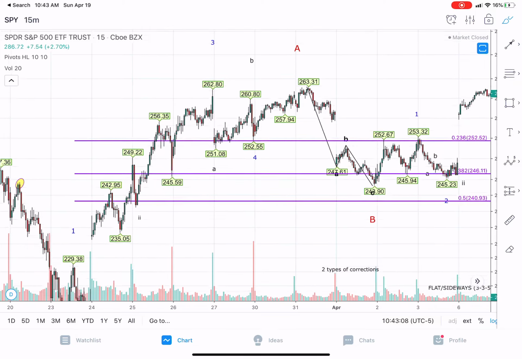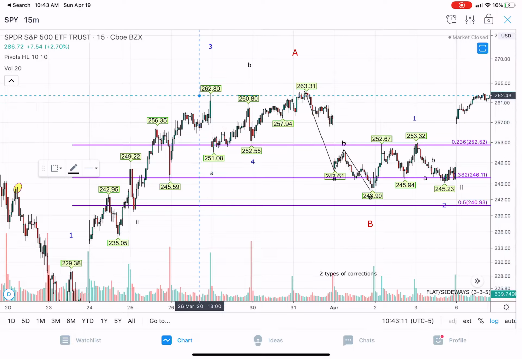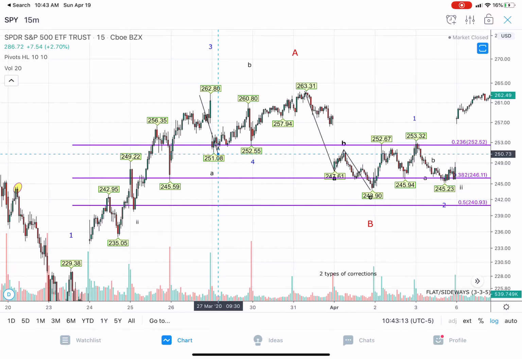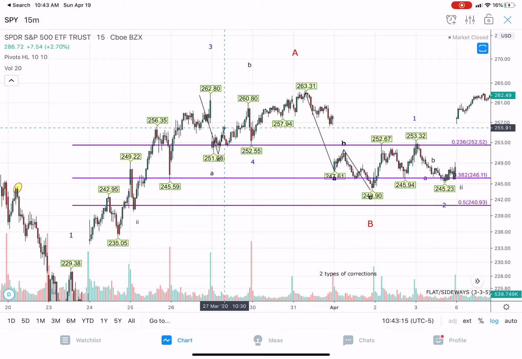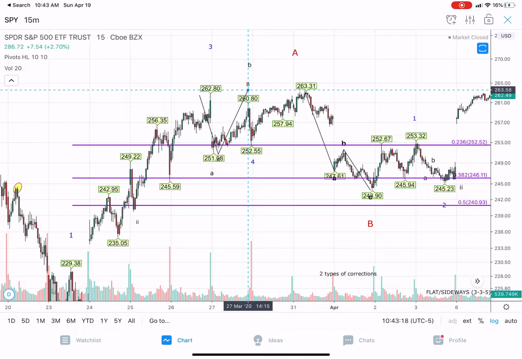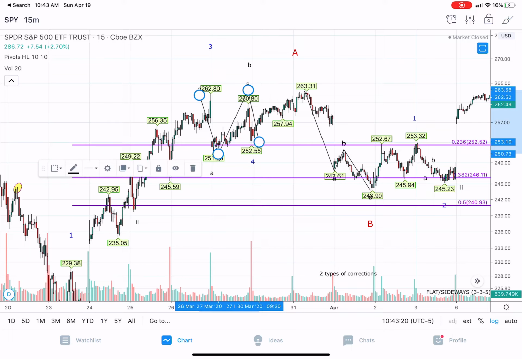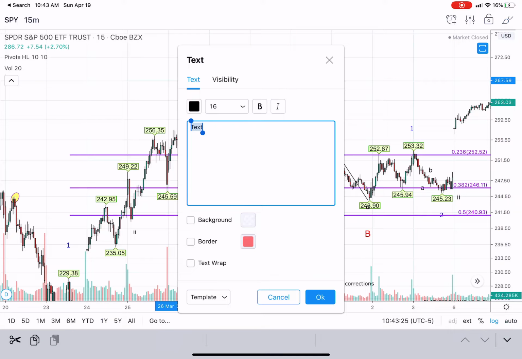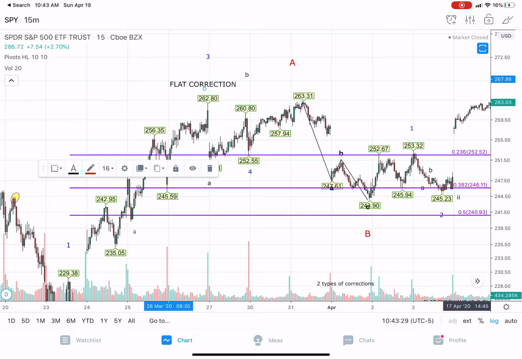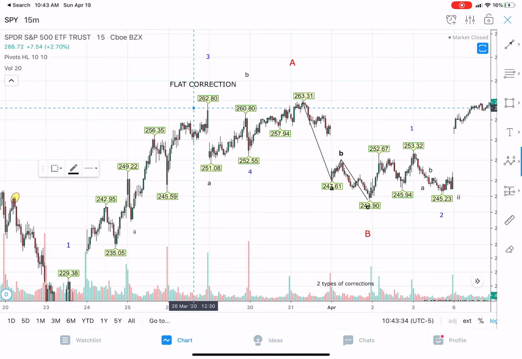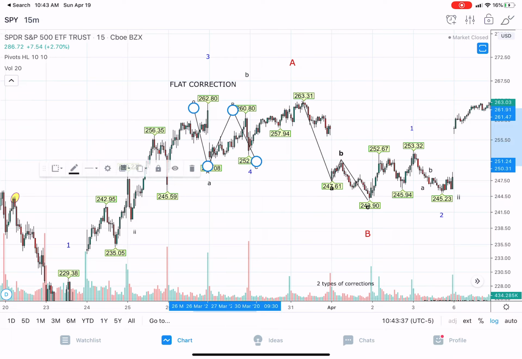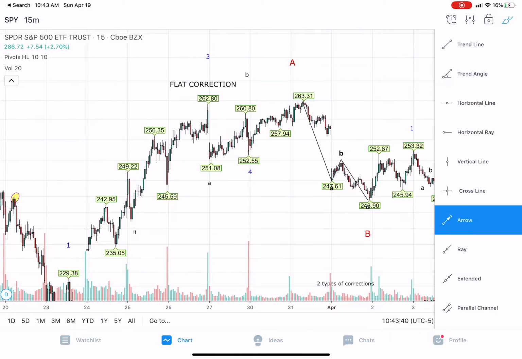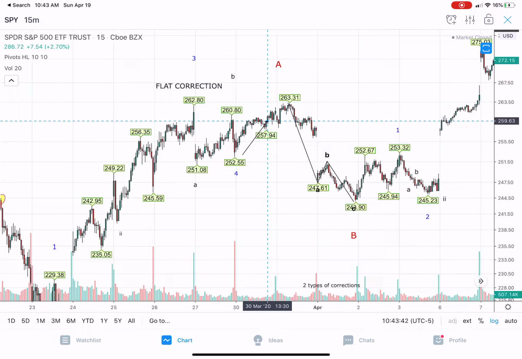In fact, you had your 3 down, you had your ABC down, then you had your A, B, C up for B, and then you had your 5 waves down for here. So this was a flat correction. A, B, C. And then you get your final move up here.